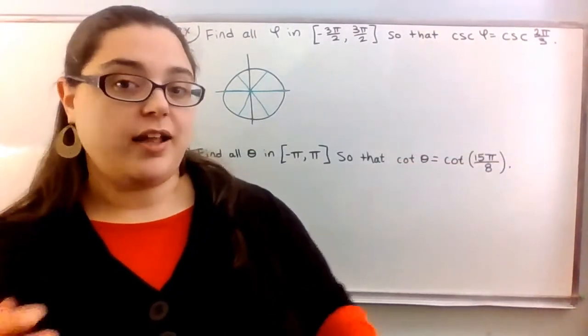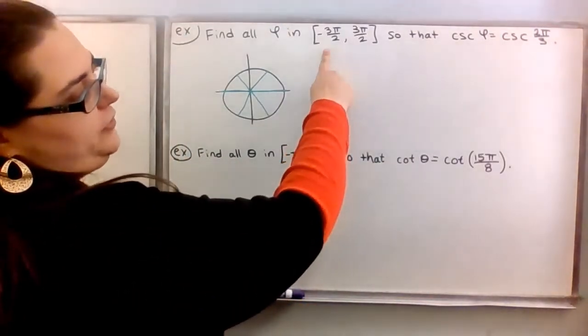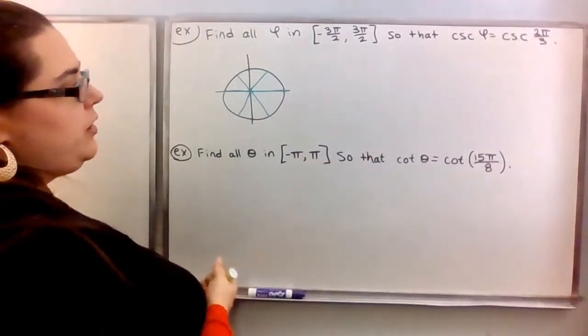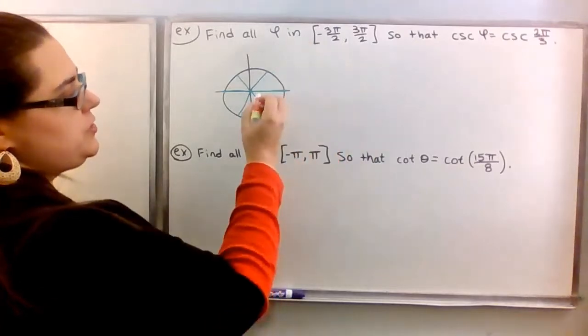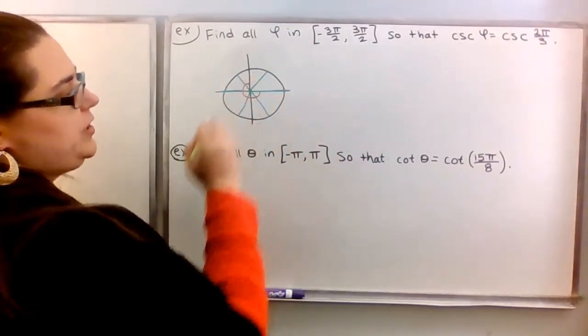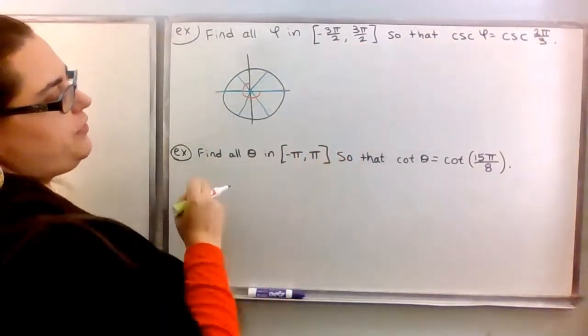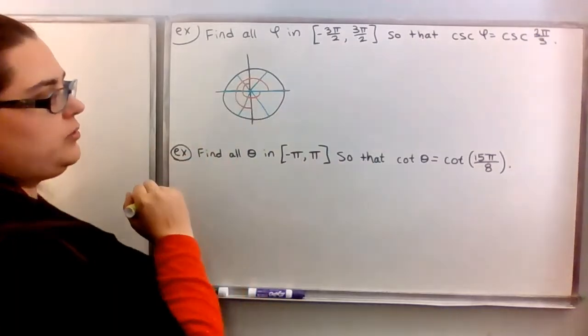Now let's indicate the interval that we're interested in. So we're interested in from -3 pi over 2 to +3 pi over 2. So I'm going to go from 0 to -3 pi over 2 first. So that's going to bring me up to here. And then I'm interested in 0 to +3 pi over 2. So that's going to bring me there.